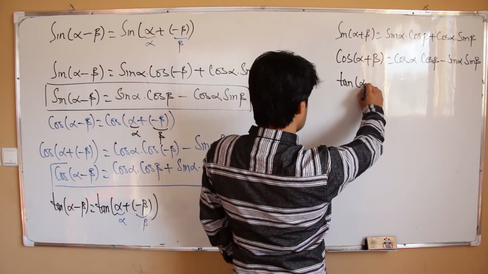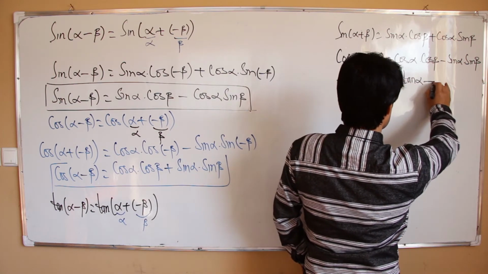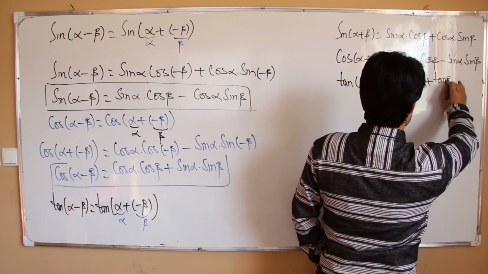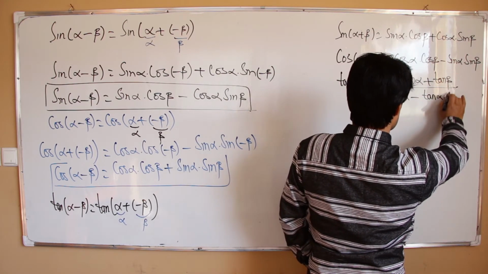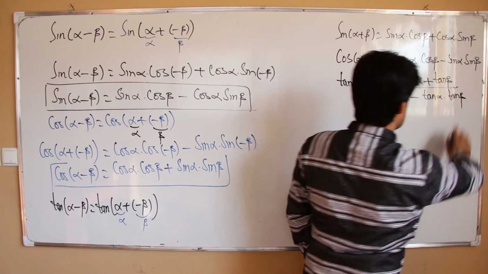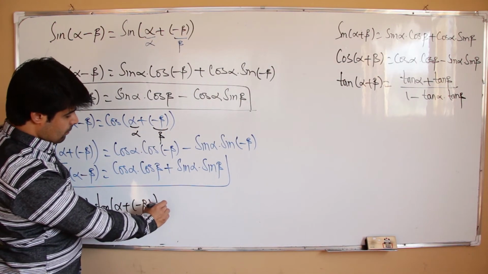Tangent of alpha plus beta is tangent alpha plus tangent beta divided by 1 minus tangent alpha times tangent beta. Am I right?